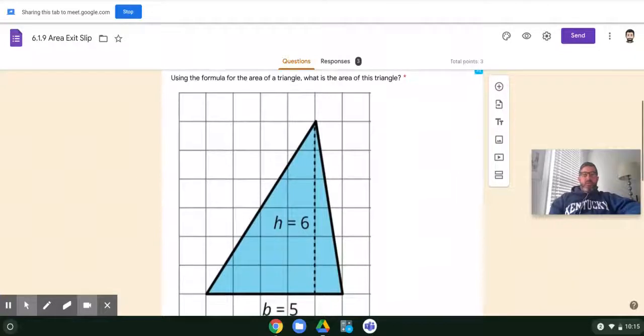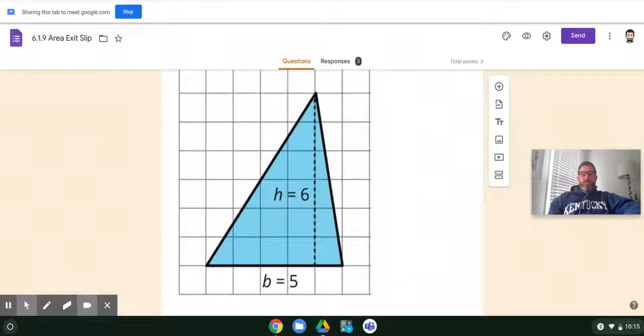All right, so knowing the formula for our triangle, base times height divided by 2, let's find the area of this triangle together. So which one is our base? 5, right. So if we know our base is 5, what does that make our height? 6, that's right. So we know our base is 5, our height is 6.